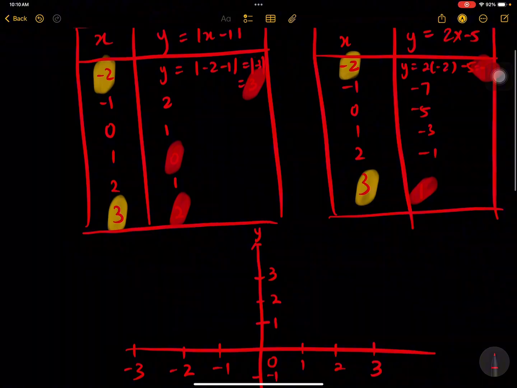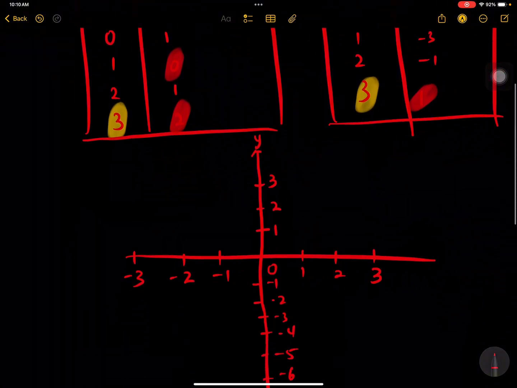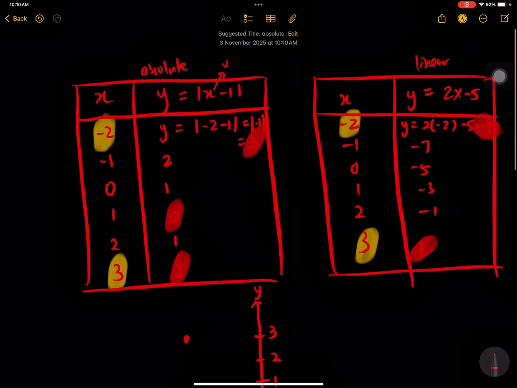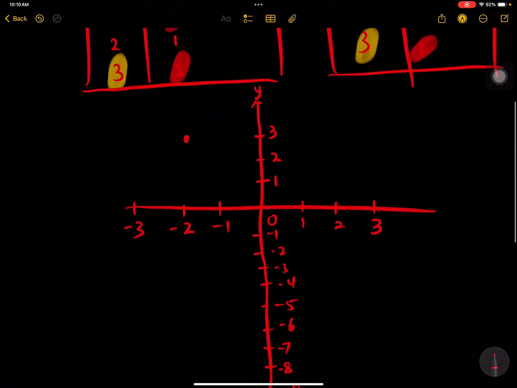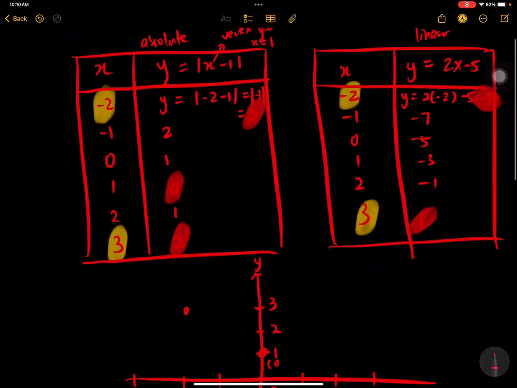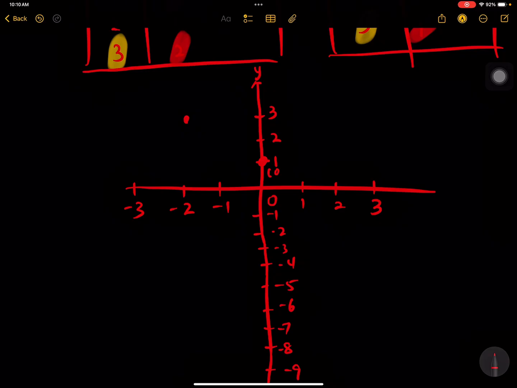First coordinate is -2, 3. And then you know that from this equation, vertex is 0 for y, x is 1. So y0, x1. Sorry, x1, y0. x1, y0 is here. 1, 0.